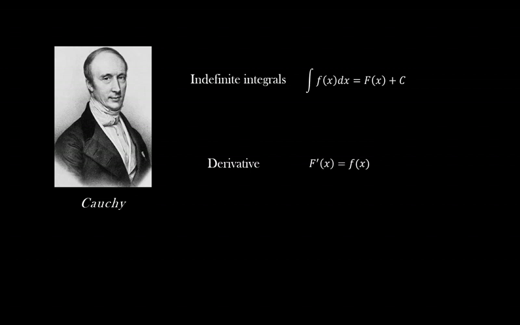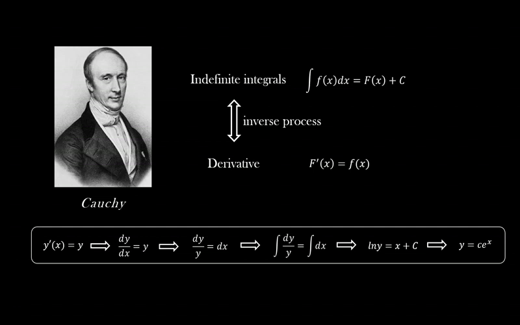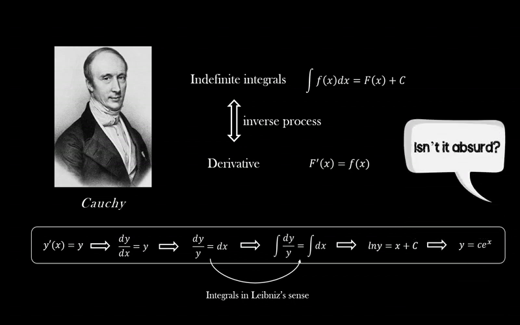In the current system of principles of integrals represented by Cauchy's theory, the indefinite integral is the inverse process of taking the derivative. But when facing equations of derivatives, this kind of indefinite integral is helpless. And we have to transform all derivatives into differentials, and take integrals at both ends in Leibniz's way. Isn't it absurd?